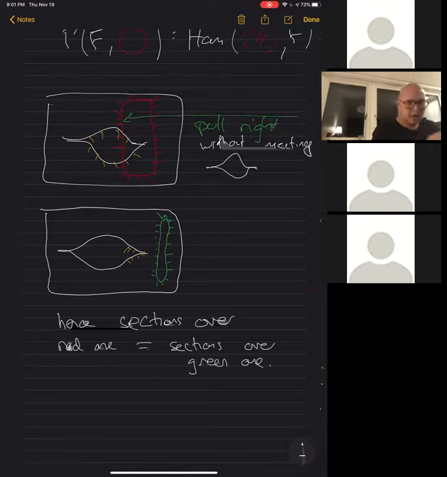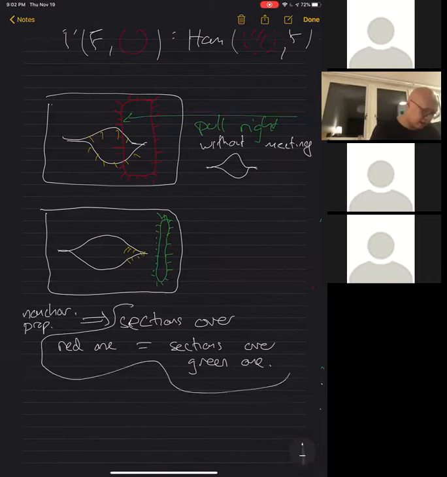So maybe I shouldn't say hence because I didn't state the non-characteristic propagation lemma, but let me say that non-characteristic propagation, just what it means is this fact: whenever you can deform in the way that I did without meeting the microsupport, the sections stay constant.